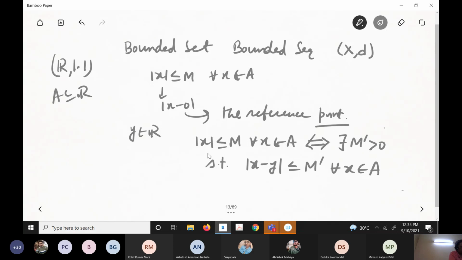Here the reference point is 0. Here I am measuring the distance from y.